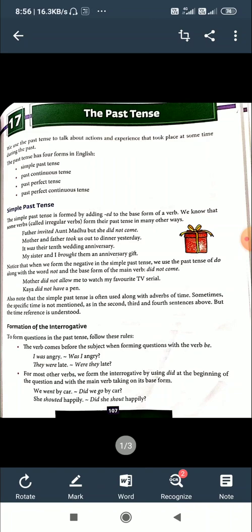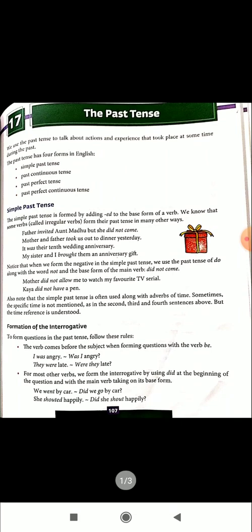Now, for most other verbs, we form the interrogative by using did at the beginning of the question, with the main verb taking on its base form. Be very careful. Most of the verbs are regular and irregular verbs.